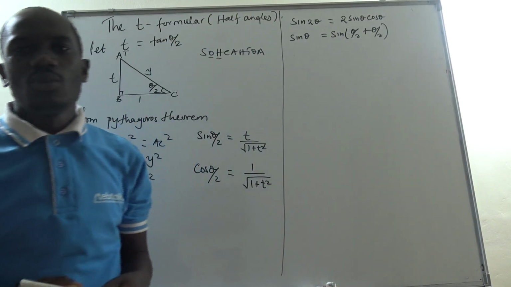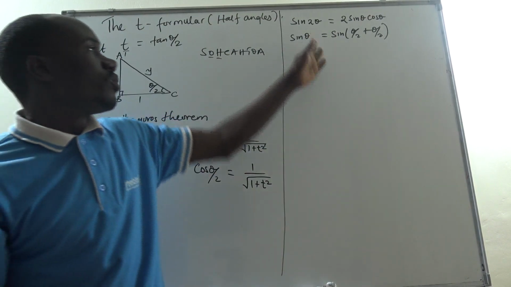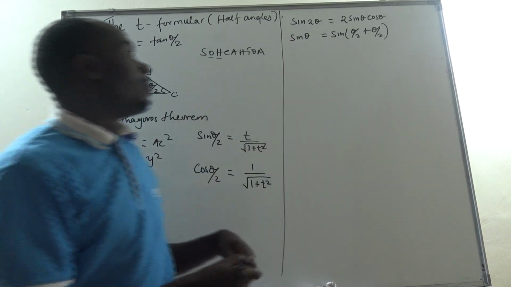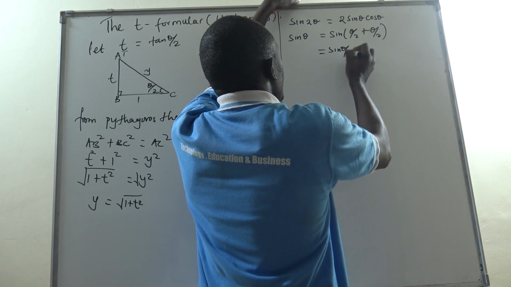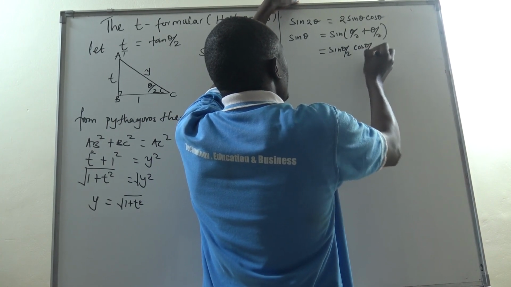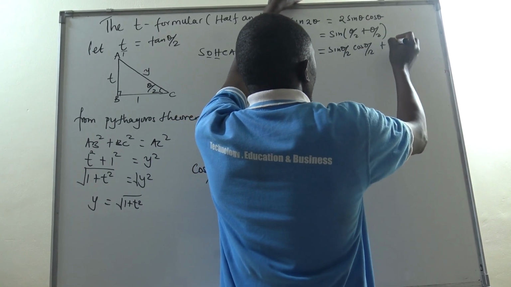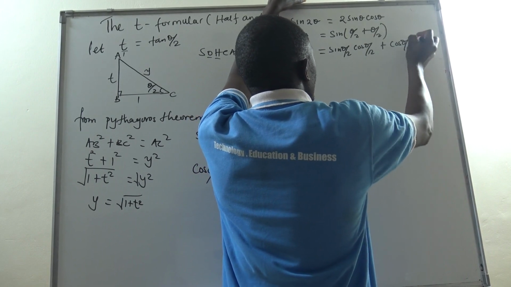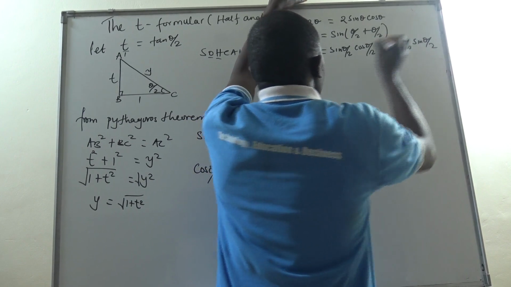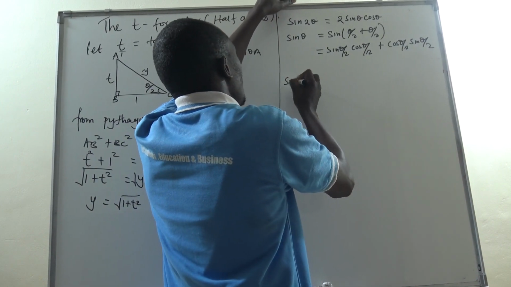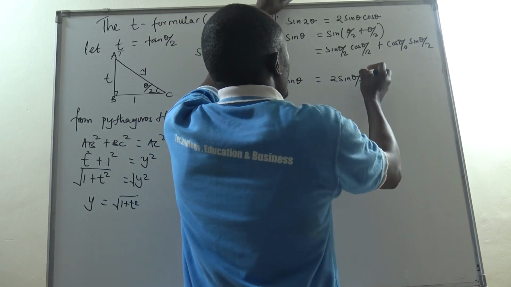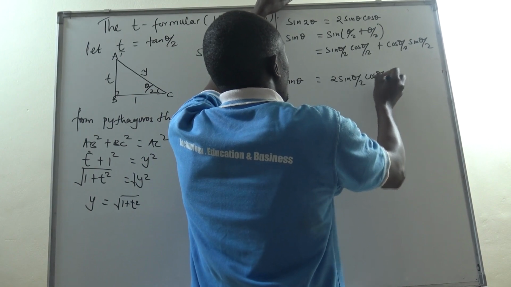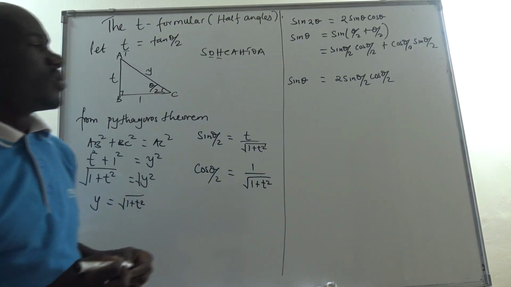When you say theta by 2 plus theta by 2, you come out with theta. When you open it, it becomes sin theta by 2 cos theta by 2 plus cos theta by 2 sin theta by 2. This one is the same. That means sin theta is the same as 2 sin theta by 2 cos theta by 2. That's the expression for sin theta.